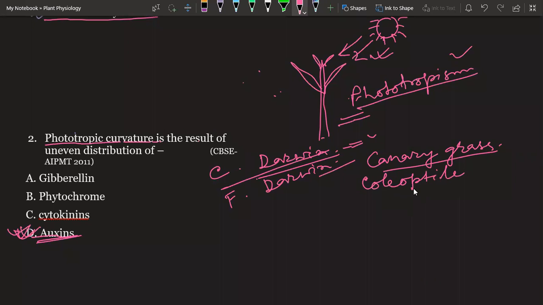This coleoptile is the membranous cover over the plumule.